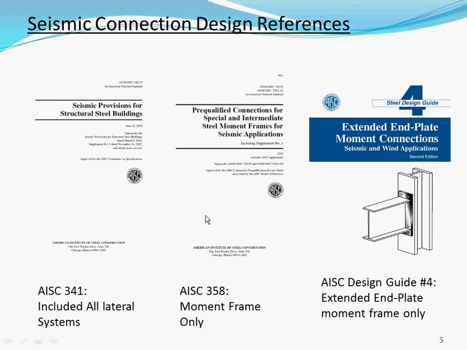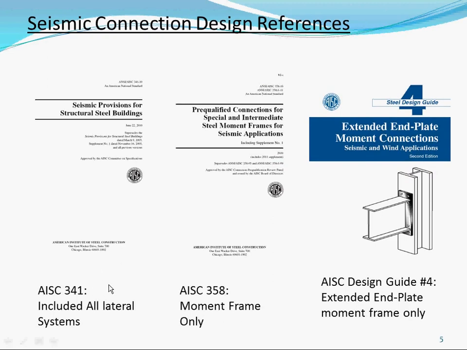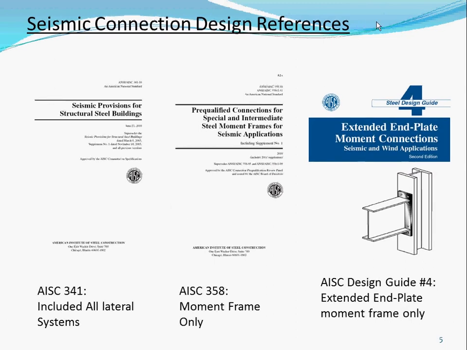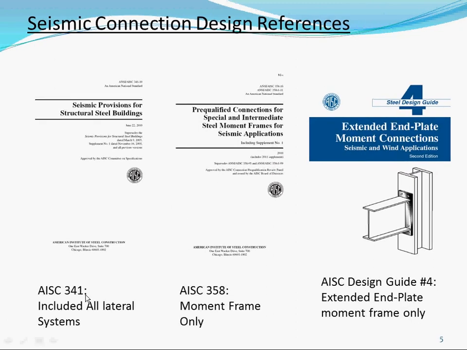So anyway, what we have here is 341. Once the building code references 340 or 360 or 341, then this is where you do your connection design. When it comes to moment frame design, steel moment frame specifically, they go to 341-05 and 341.